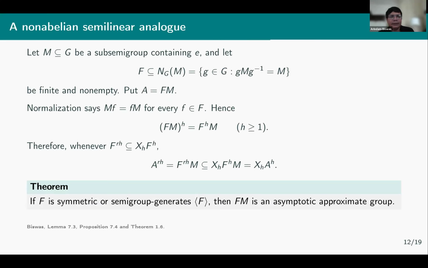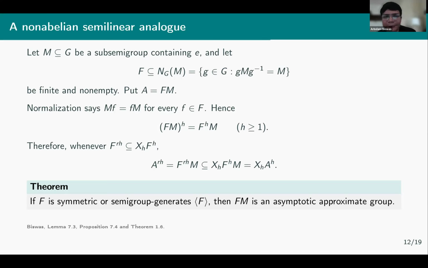And then a non-abelian analog of the one which we obtained for the semilinear sets in the abelian case would be that you take a sub-semigroup M, which can be infinite, and suppose you take a set F, which is in the normalizer. You can take it finite and non-empty.